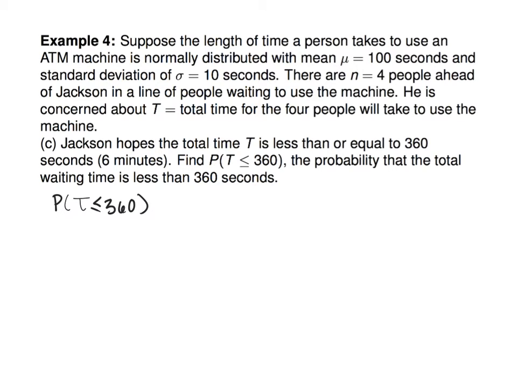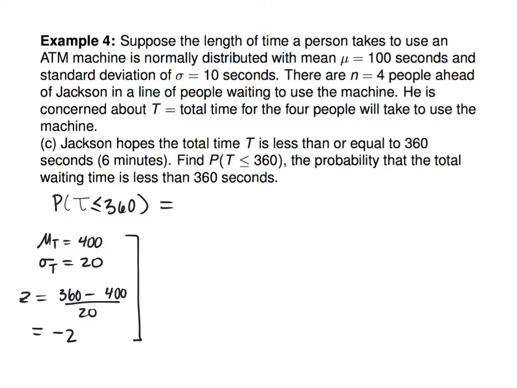Well, we need to standardize that variable, and our new mean, mu sub t, was equal to 400. Our standard deviation, sigma sub t, was equal to 20. So our z-score is x, which is 360, minus our mean, which is 400, over 20. And that gives you a z-value of -2.